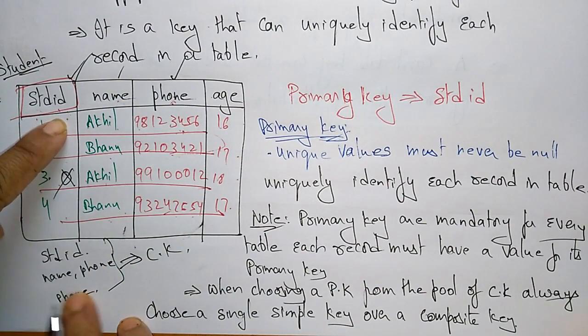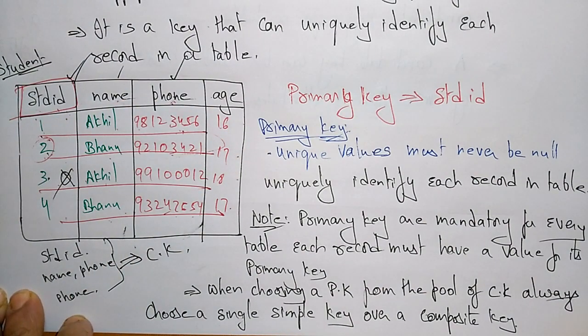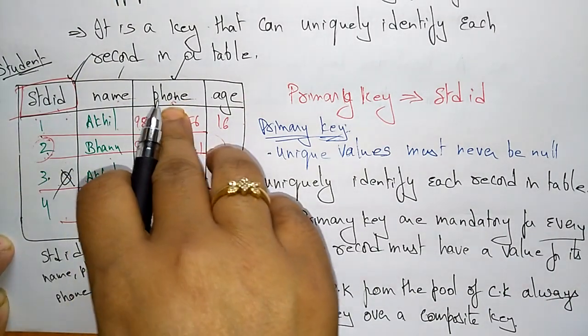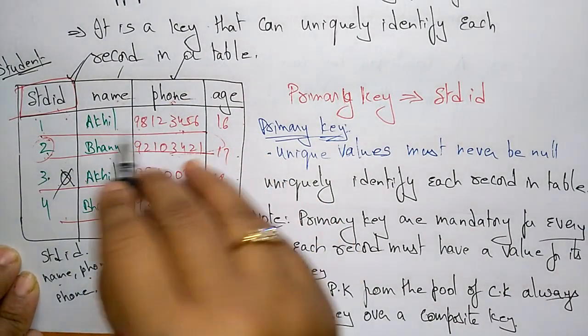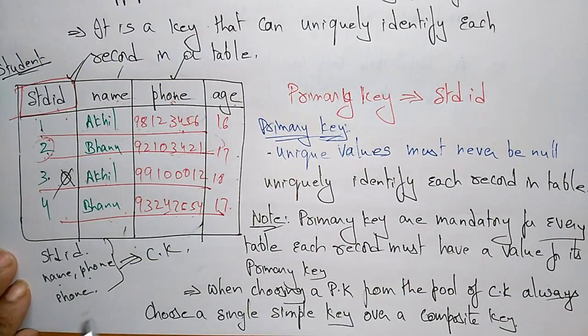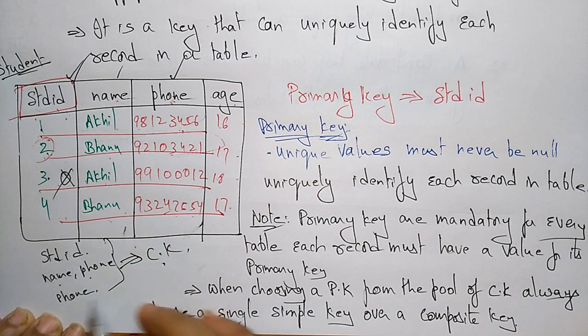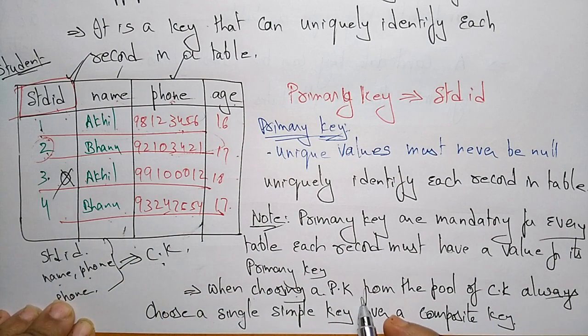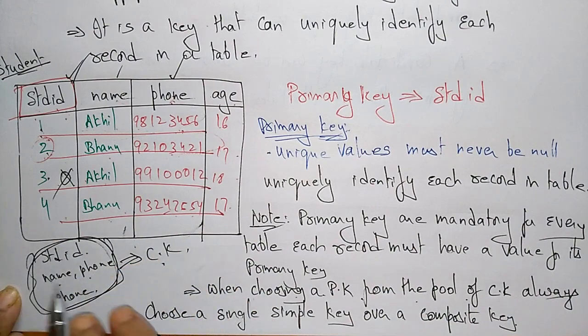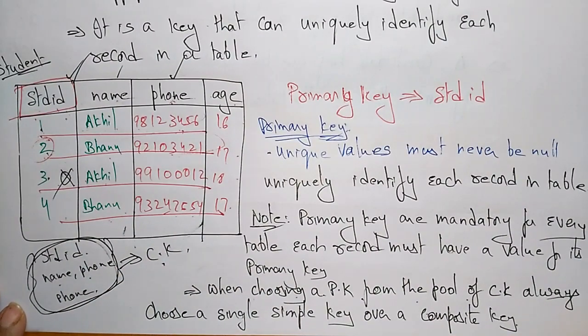Instead of taking 4, I could write 3 here, but that is not possible because only the minimum set uniquely identifies. With the help of name and phone number, I can identify his ID and age. So these are all candidate keys, the pool of candidate keys.